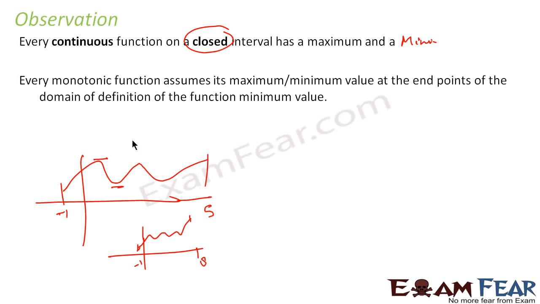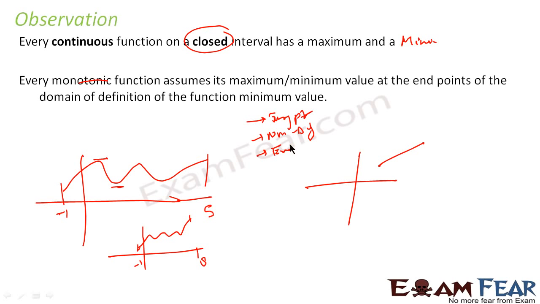Second thing, a monotonic function assumes its maxima and minima at the end points. For example, this is my monotonic function, it keeps increasing. Such a function will take maxima and minima only at the end points. In that case, since there is no turning point and it is monotonic, it is differentiable everywhere. The other clauses were turning points, non-differentiable points and end points.